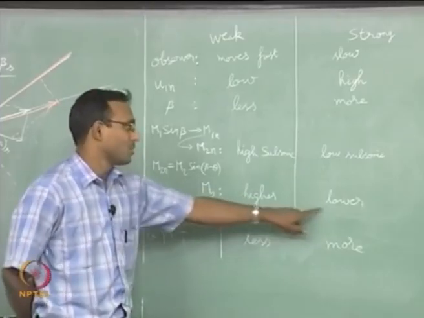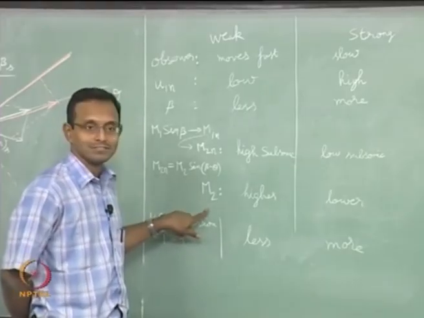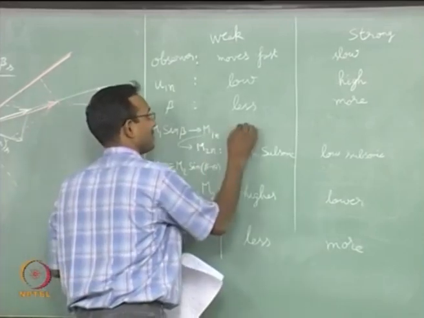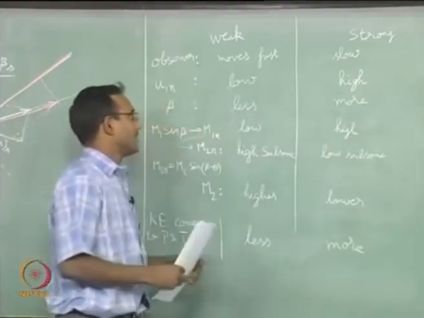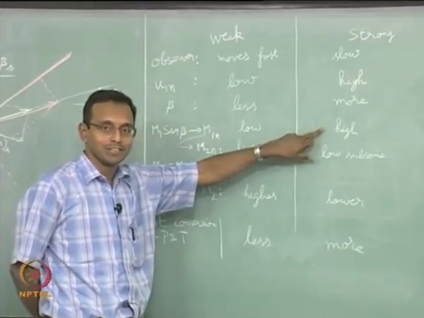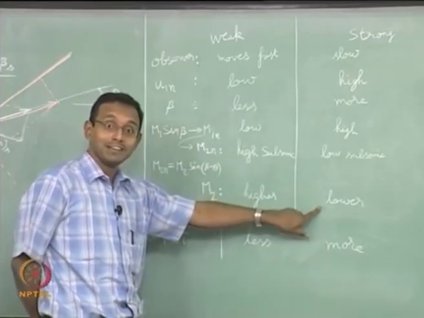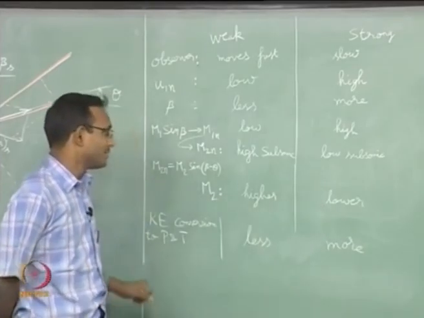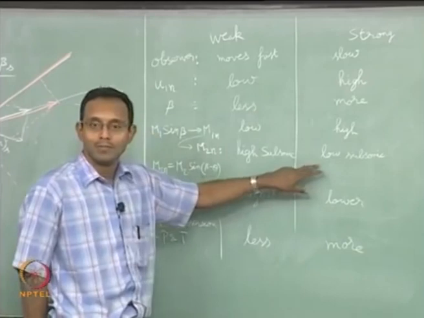I am putting it in Mach number terms: M1 normal low, high. If M1 normal is high, T2 by T1 is higher. So the temperature of the flow behind the shock is higher, but the Mach number is lower, which means the velocity is really low. Which means I start with a very high normal component velocity and end with a very low normal component velocity.